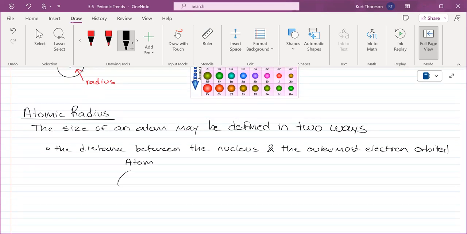So if I have an atom here, that's the nucleus.